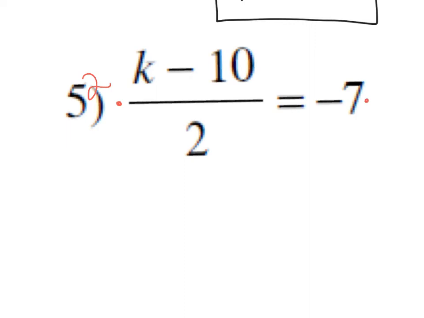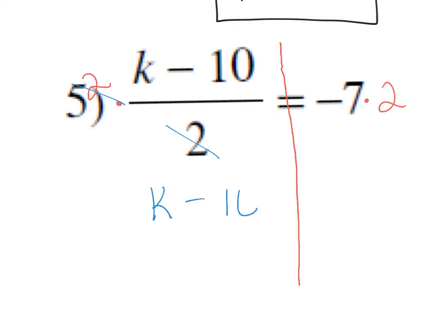Again, both sides by 2, and I cannot forget my fence. I almost forgot it. Now my 2's cancel, and I just have k minus 10, carry down my equal sign, negative 7 times positive 2. Again, they're opposite signs, so my answer is negative, and 7 times 2 is 14.